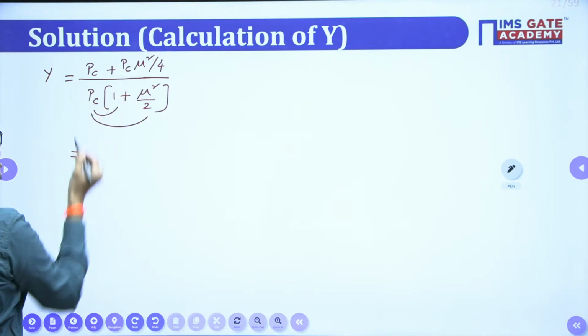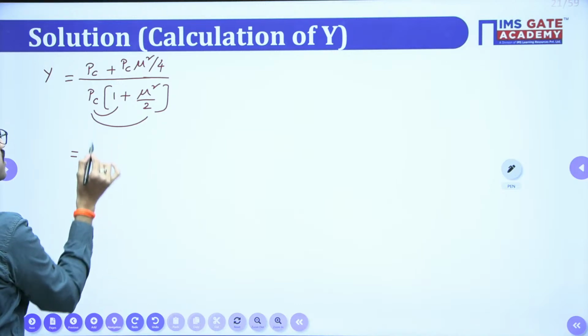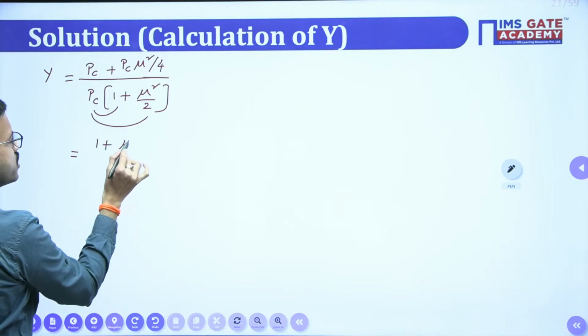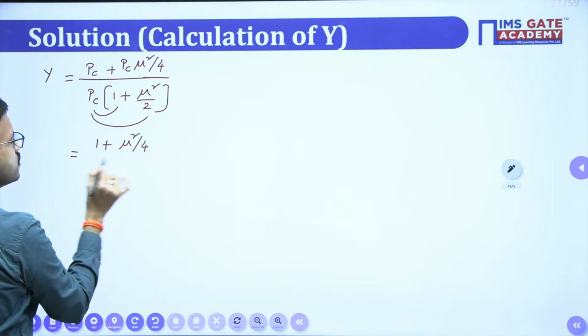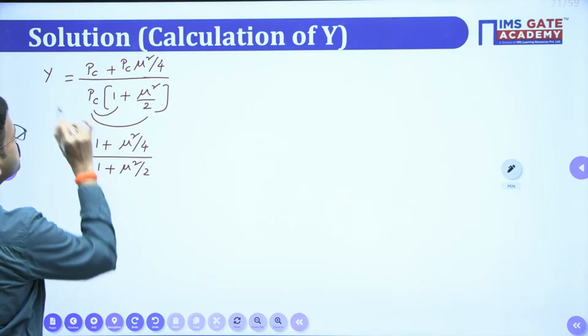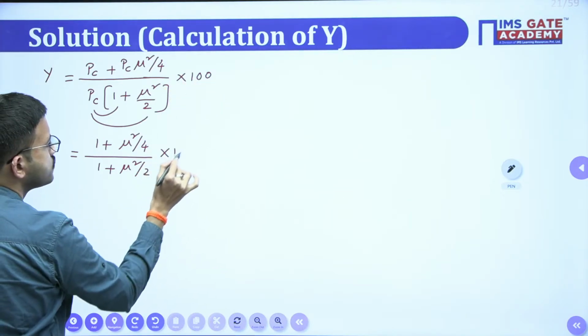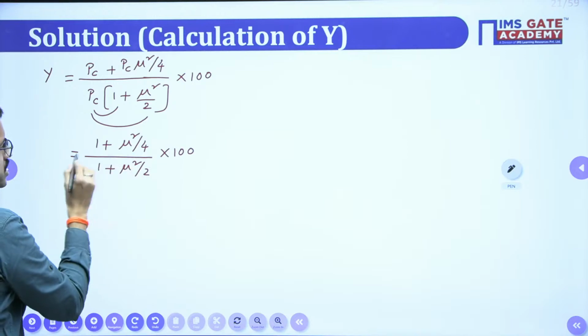From the numerator you can take PC as common, from the denominator you can take PC as common, then PC will get cancelled. Then you will get 1 plus mu square divided by 4 divided by 1 plus mu square by 2. Here also they are asking in terms of percentage, so you can multiply with 100. Now just take the LCM.